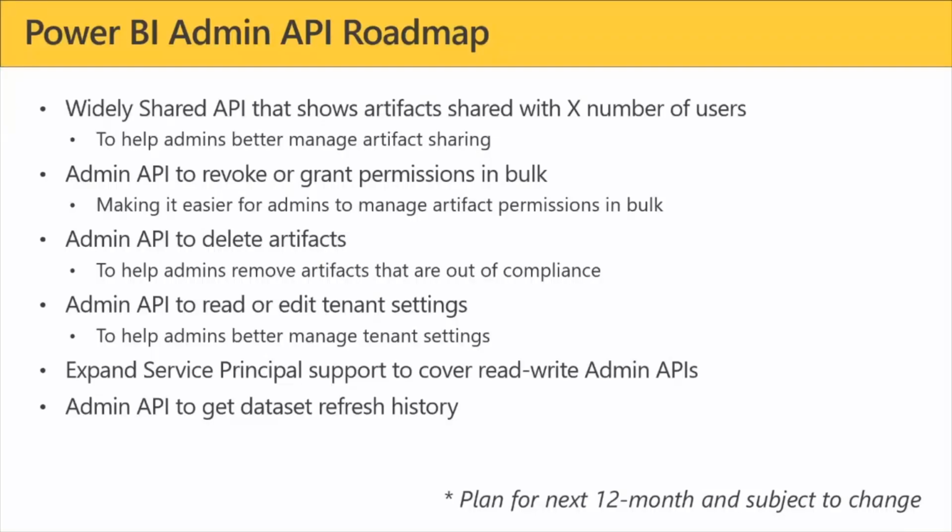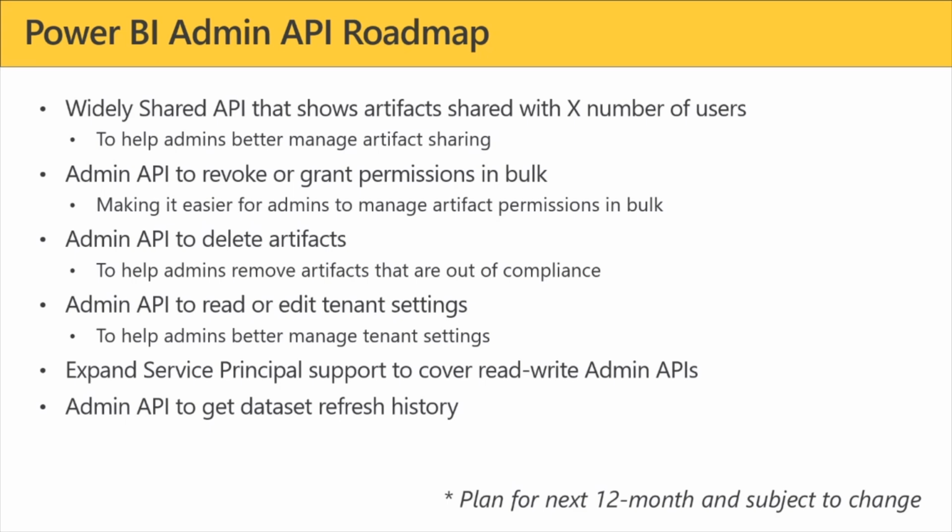So quickly, here is a list of stuff that we are planning to do over the next 12 months or so. Just like what we've done in the past year, these are essentially all of the APIs that we've heard from feedback from you guys. So quickly, we're going to expand on the widely shared APIs that can show the exact number of users.